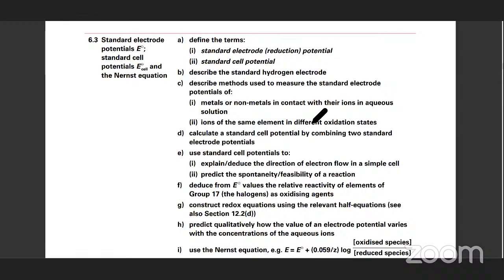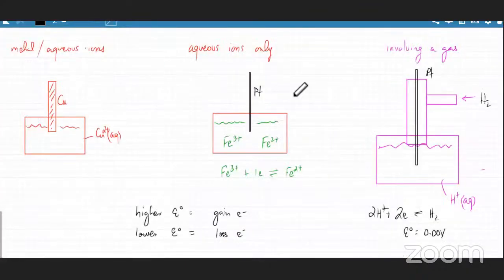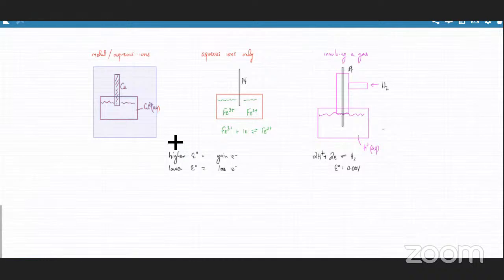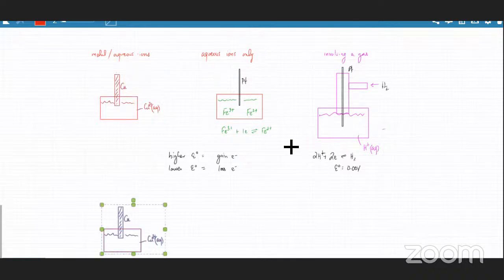कि describe methods used अच्छा ये तो हो गया calculate the standard cell potential so we can draw a random cell. इसी का draw कर लेते हैं just one second let me copy this. अच्छा एक ये copper 2 plus और एक हम कर लेते हैं Fe3 plus वाला.